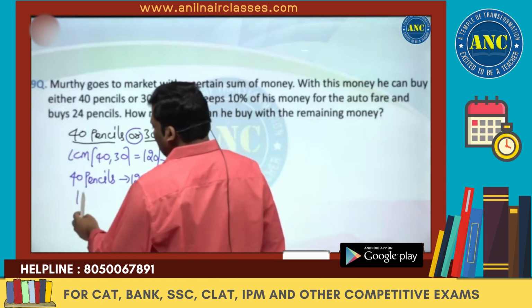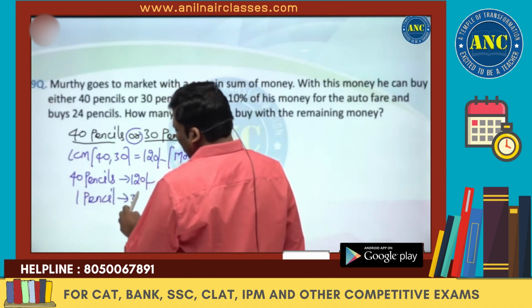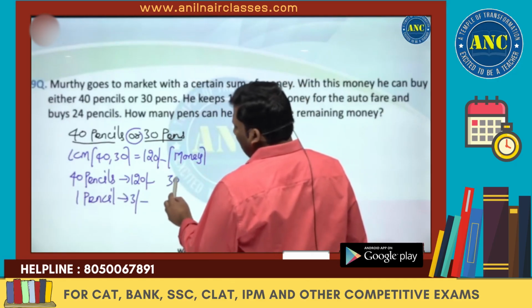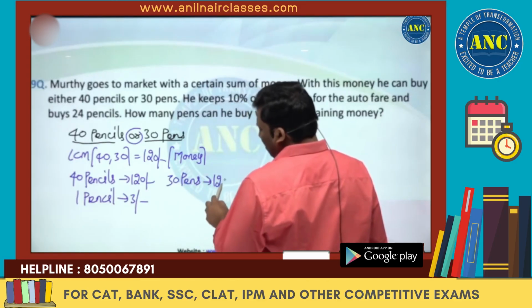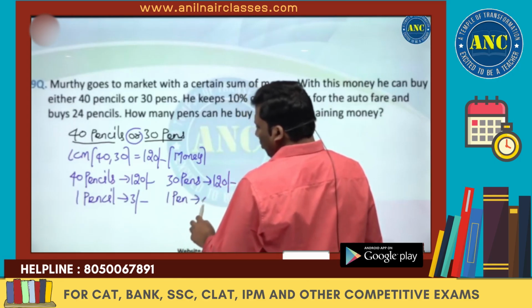40 pencils is 120, so one pencil will be 3 rupees. Or he purchased 30 pens. 30 pens is 120 rupees, that means 1 pen will be 4 rupees.